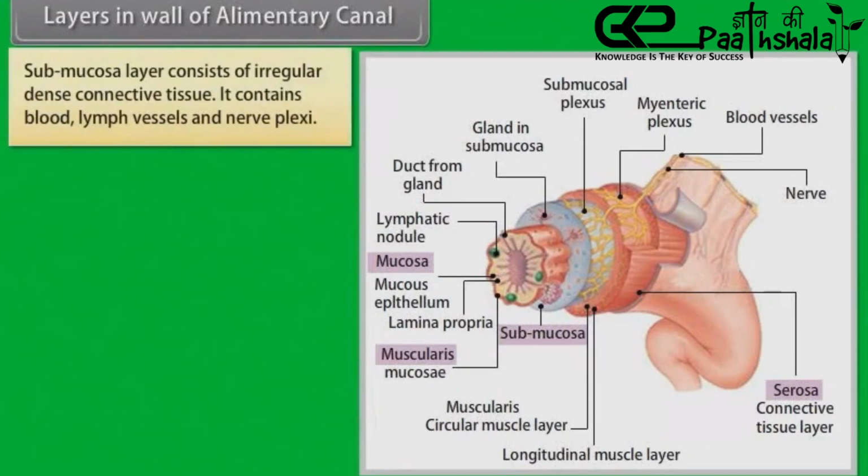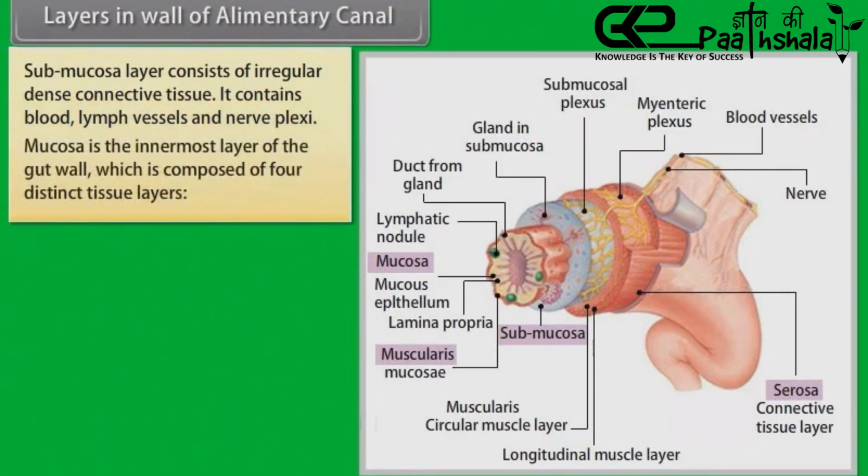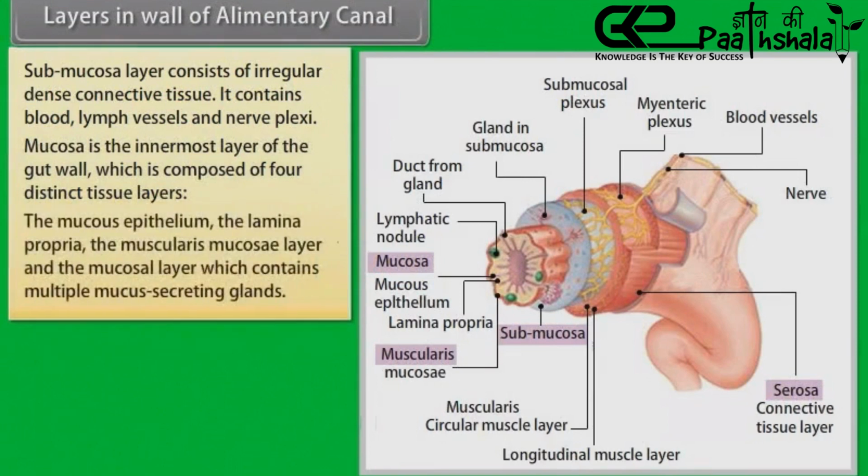The submucosa layer consists of irregular dense connective tissue. It contains blood and lymph vessels and nerve plexi. Mucosa is the innermost layer of the gut wall, which is composed of 4 distinct tissue layers: the mucous epithelium, the lamina propria, the muscularis mucosae layer, and the mucosal layer, which contains multiple mucus-secreting glands.